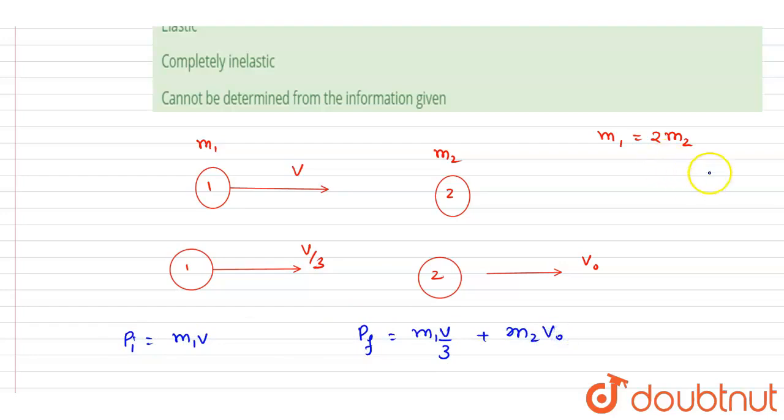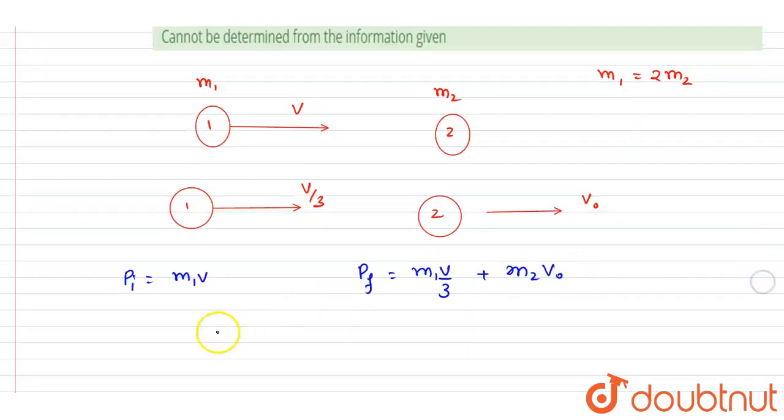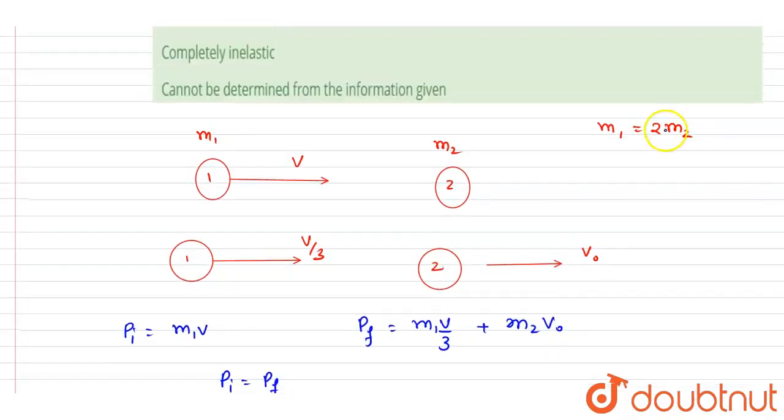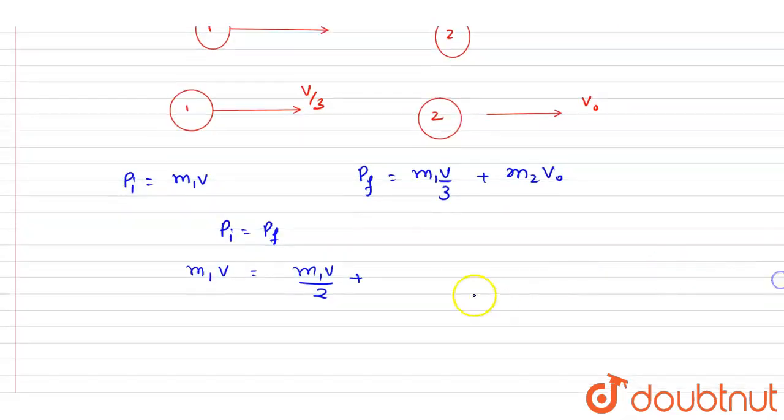So here there is no external force, so they both will be equal. Initial will be equal to the final one. Alright, so if you put the values here, m2 is m1 by 2.